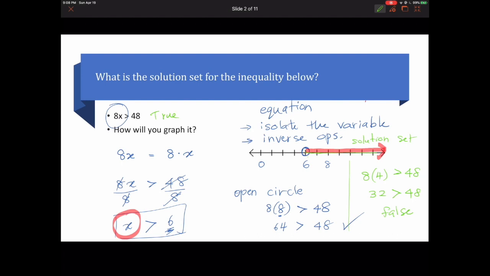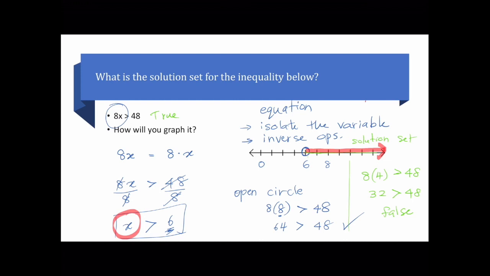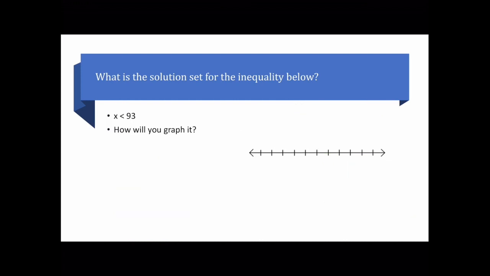That is the goal. Let's go to our next problem. x is less than 93. How will I graph this? This is basically a straightforward inequality. I say 0, some number here is 93, and I have my circle.